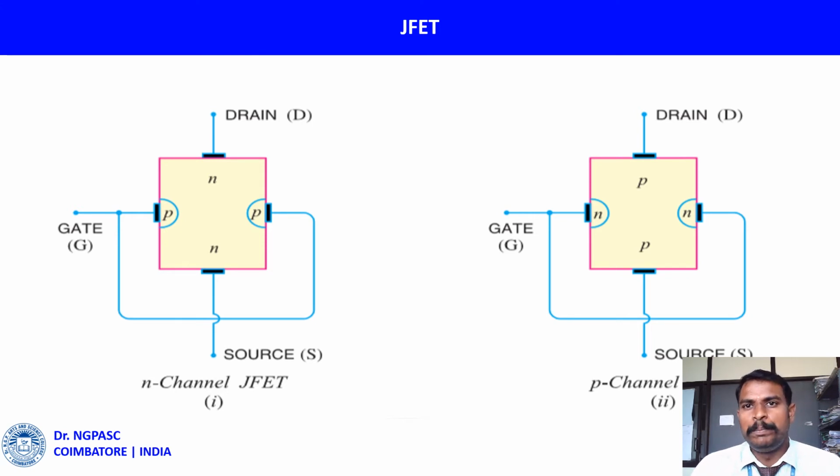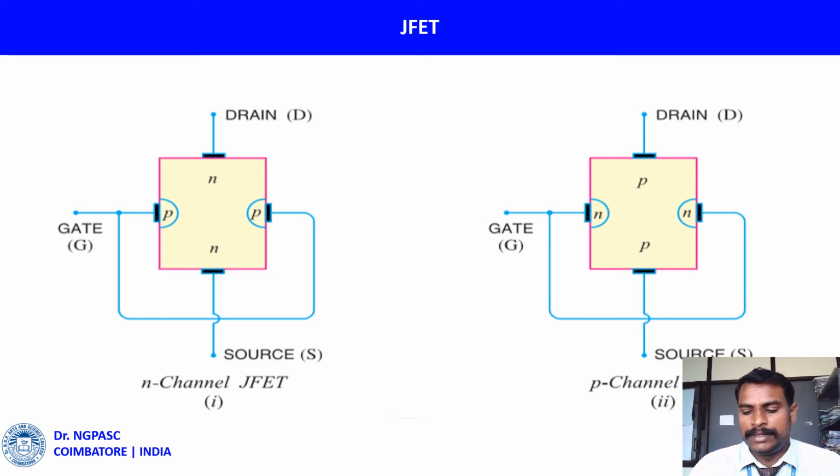The two PN junctions forming diodes are connected internally and a common terminal called the gate is taken out. The other terminals, source and drain, are taken out from the bar as shown in the figure. So the JFET has essentially three terminals: gate, source and drain.